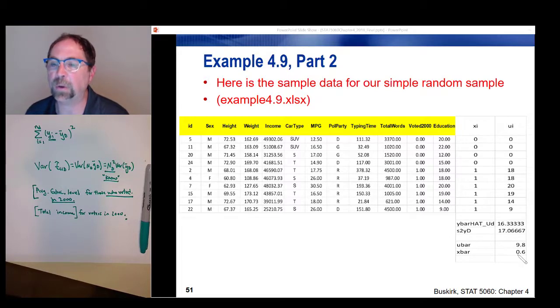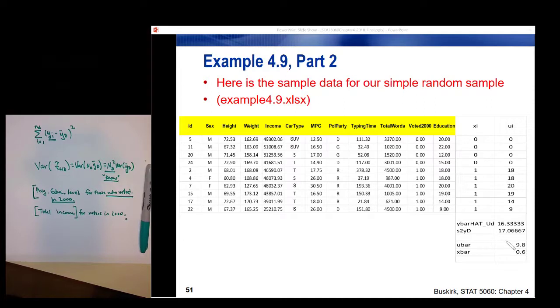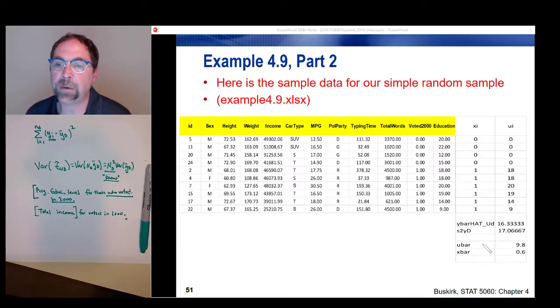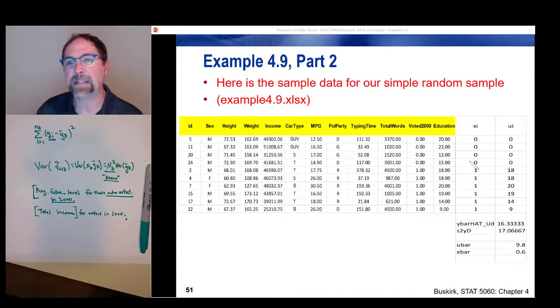If I take the quotient of these things, I will get the 16 1/3. Another way you could express y bar hat d is the sum of these elements divided by the sum of these elements, because the little n's cancel out in the u bar over x bar equation. But in any case, that's how you would operationalize it.